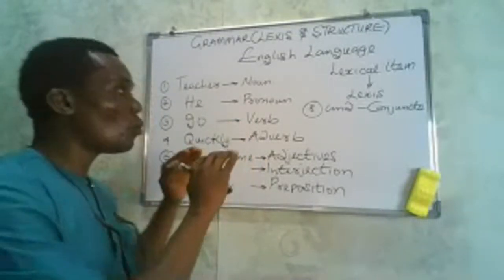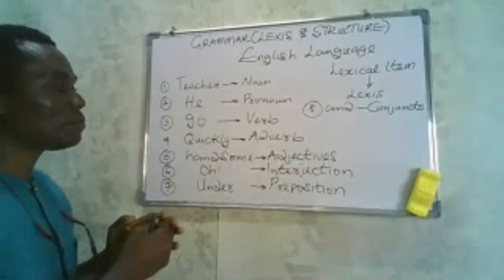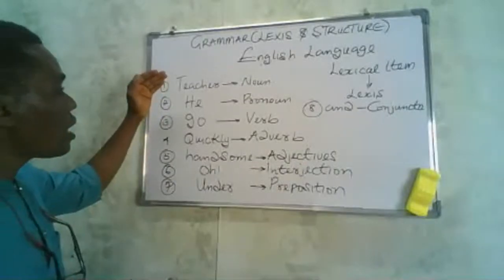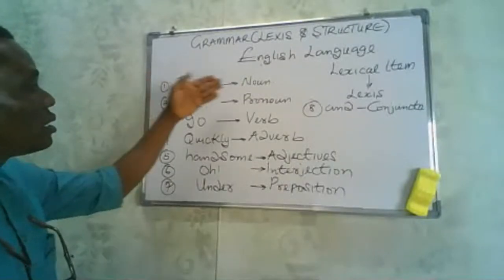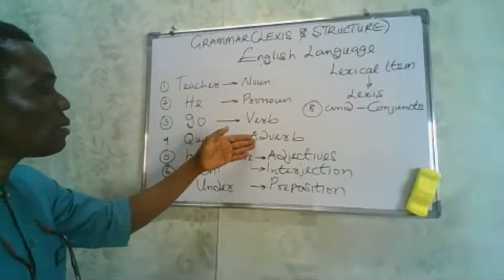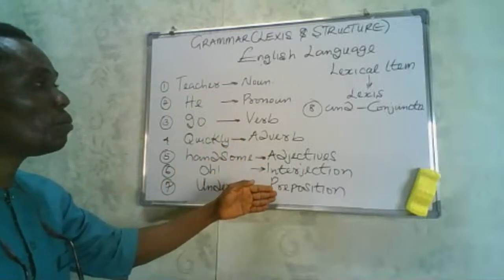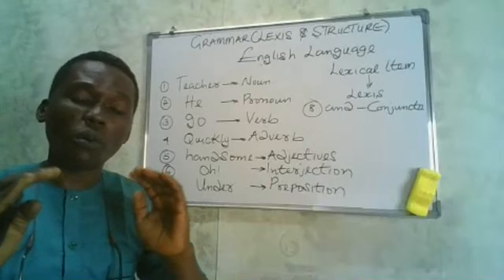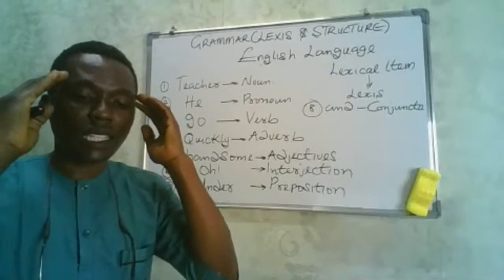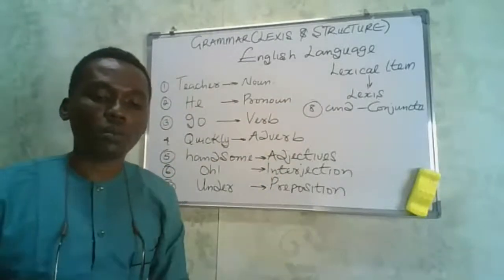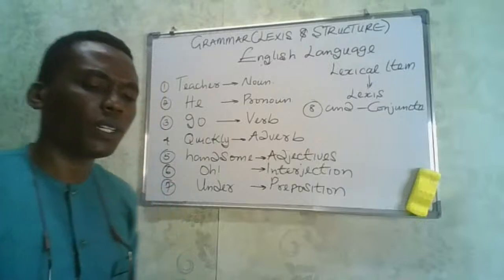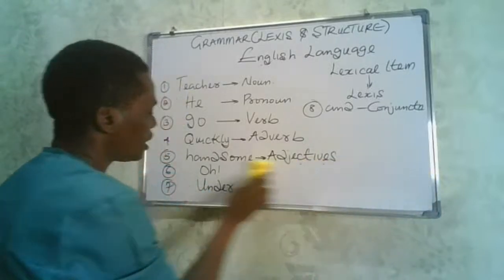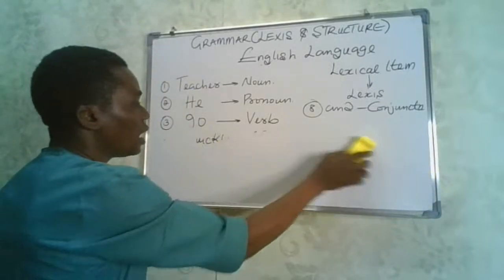Now, look at all these lexical items. How can I combine the noun, the pronoun, the verbs, the adverbs, the adjective, the interjection, prepositions, and the conjunction in such a way that I can form a meaningful sentence? That is where structure comes in. Now let's look at a very good example, and then you see what we talk about.